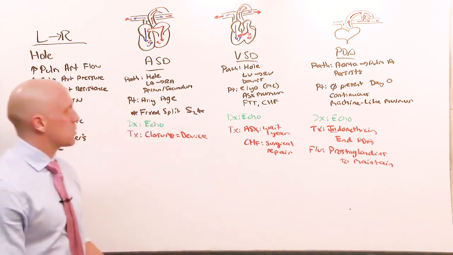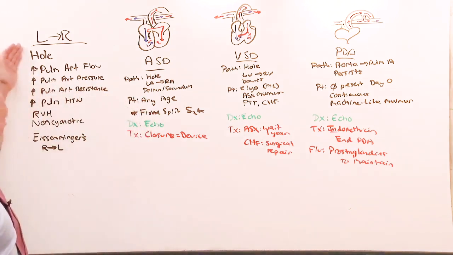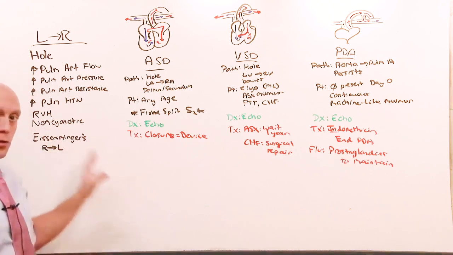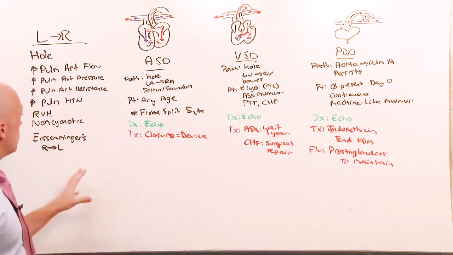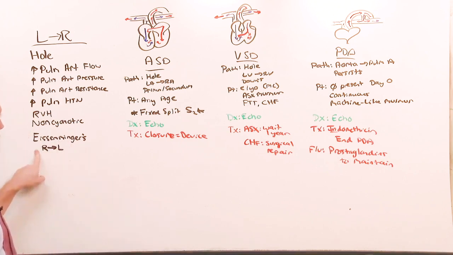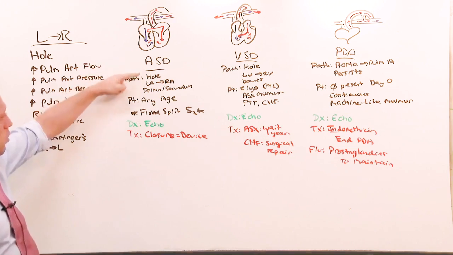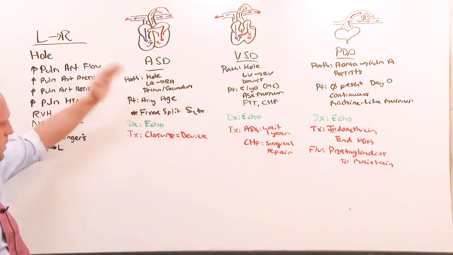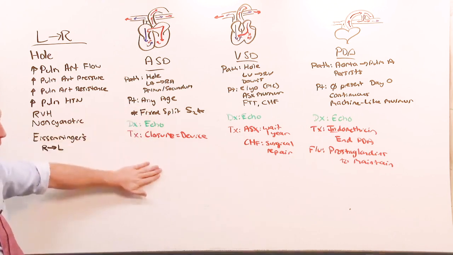So in this first half of the lecture, we talked about left to right shunts. Blood goes into the pulmonary artery when it's not supposed to, and eventually it reverses to Eisenmengers. ASD is a hole in the left atrium to the right atrium, fixed split S2, device closure.